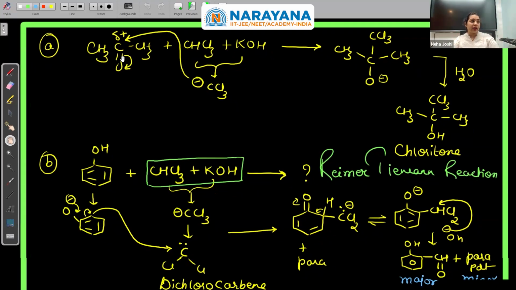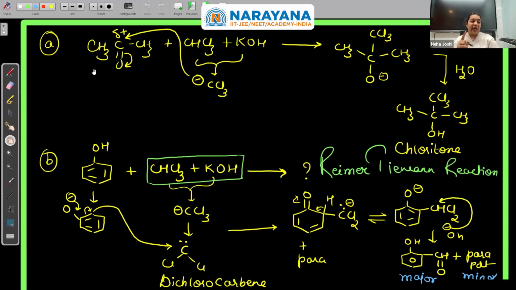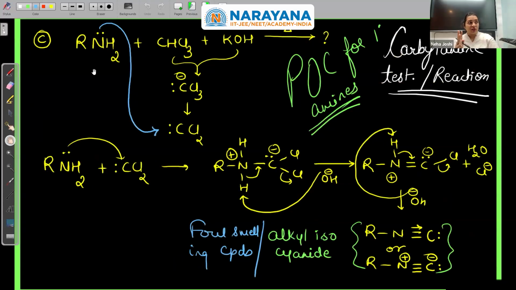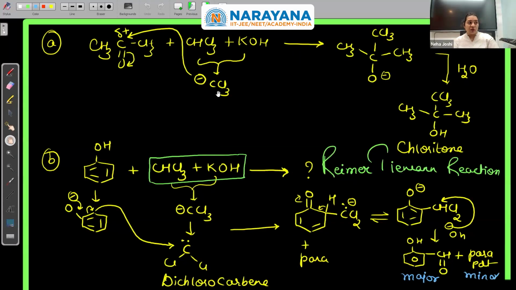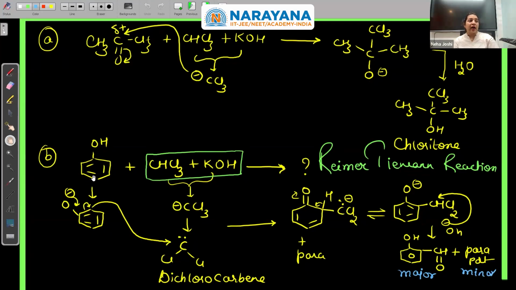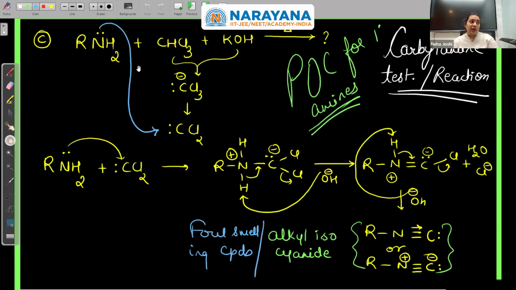One more example to add. See the difference. Same reagent giving you 3 different reactions. Here it was acting as a CCl3 minus. Here carbene attacking on the aromatic ring, and here also carbene but attacking on nitrogen. See RNH2, it is attacking on RNH2, chloroform plus KOH, forming CCl3 minus, then dichlorocarbene, and then this lone pair directly attacking the dichlorocarbene.